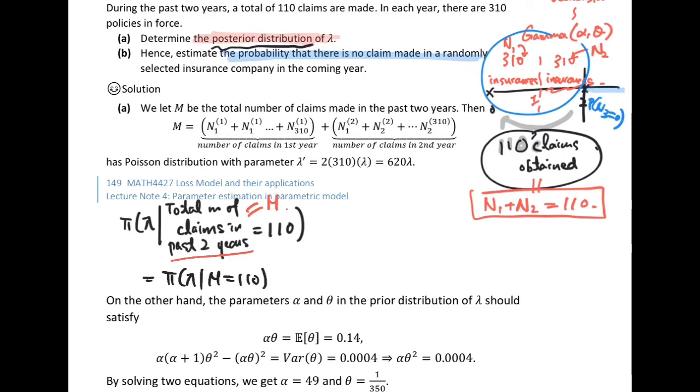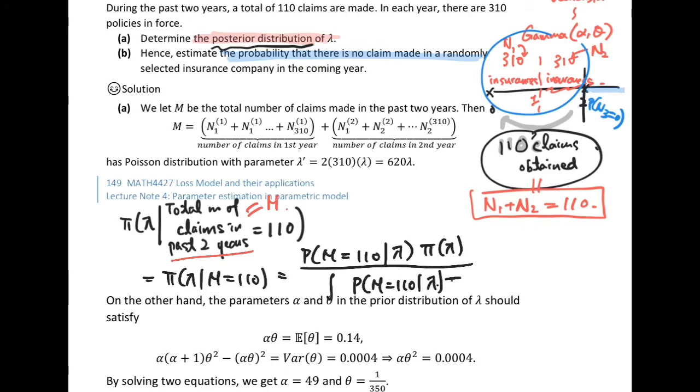Now, remember, how would you get your posterior distribution? Remember, we can use the Bayes rule, and then you integrate from 0 to infinity.